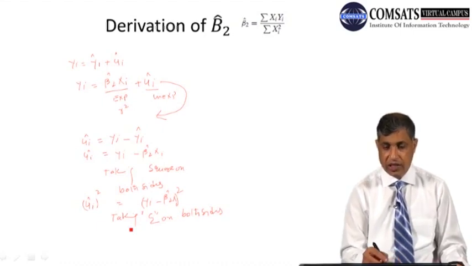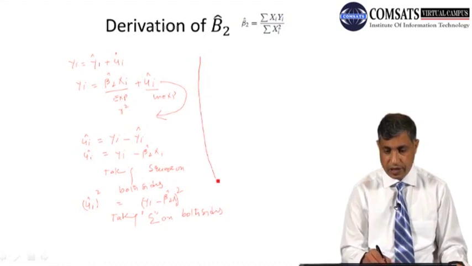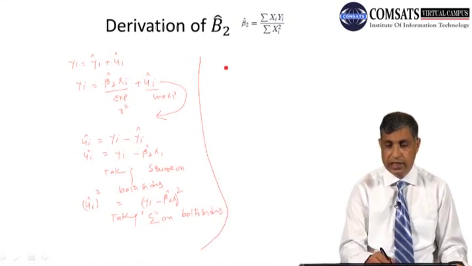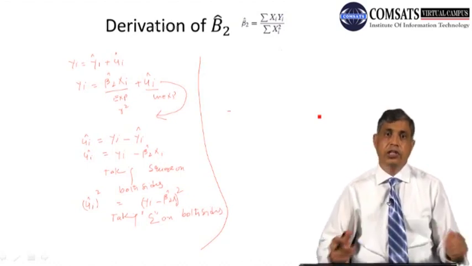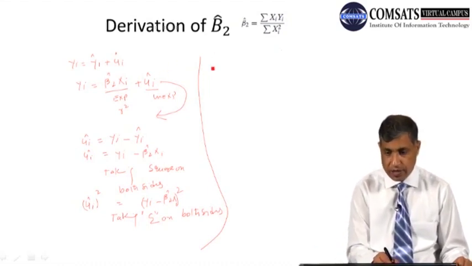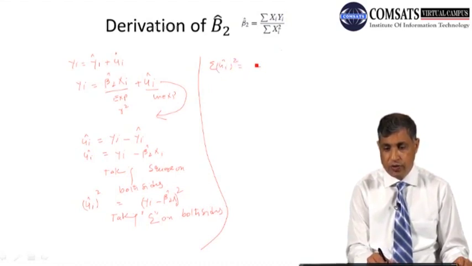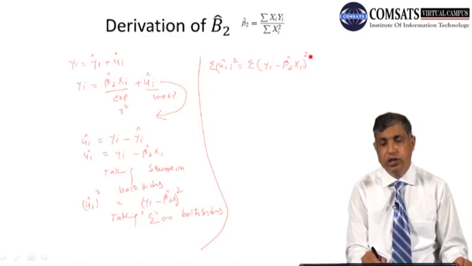I would like to bifurcate it from here so that you can easily understand. So this side will become summation ui hat square is equal to summation yi minus beta 2 hat xi square.